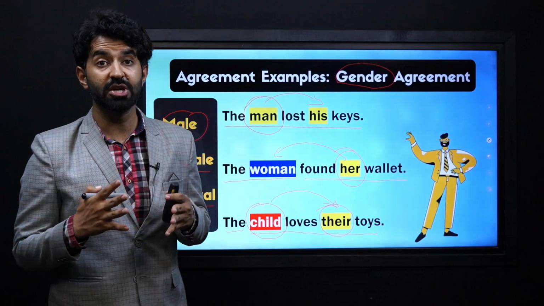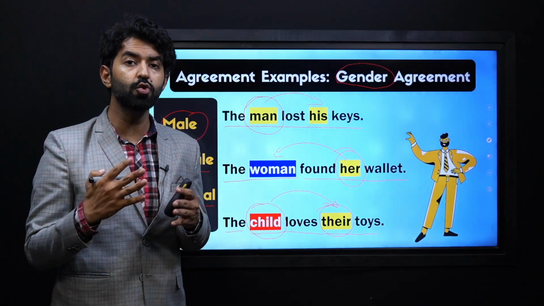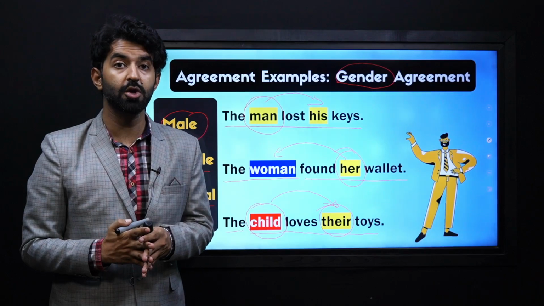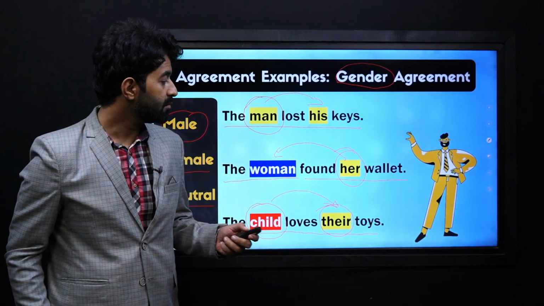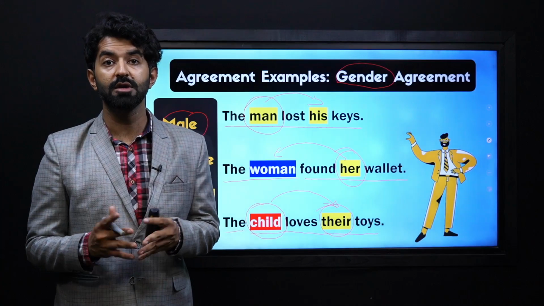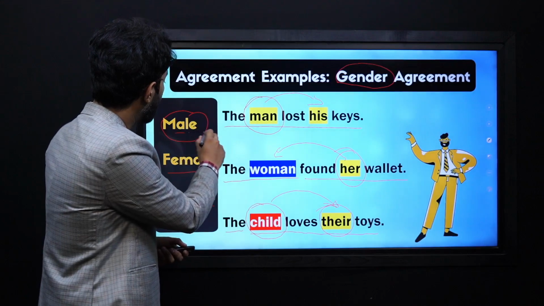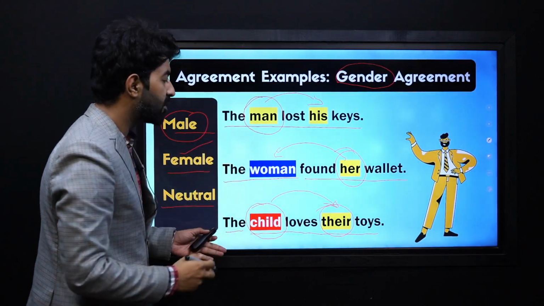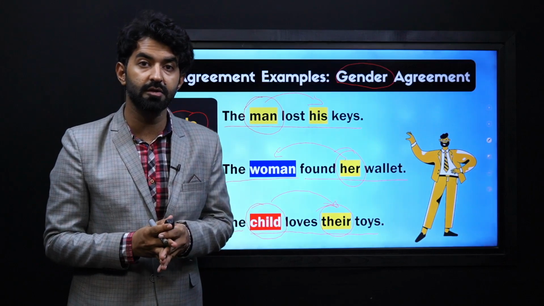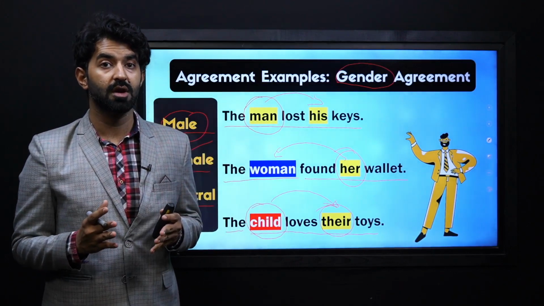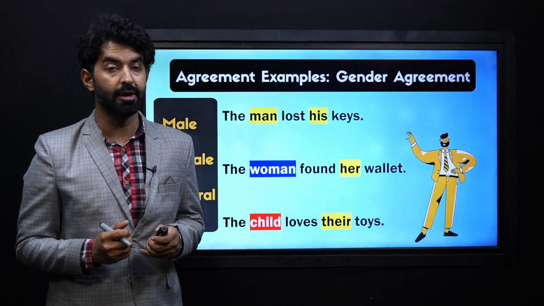Because the gender is not specified, it's neutral, hence we would be using their accordingly, just to be on the safer side. So we saw that with the masculine, feminine and also for the neutral genders, that's how we use our pronoun antecedents accordingly.